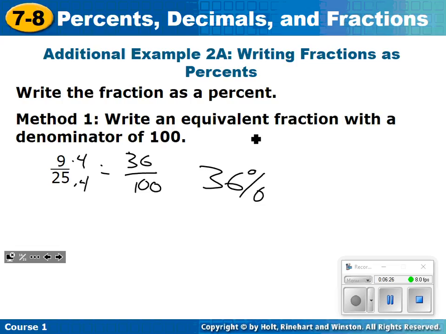It doesn't work when you have this. Why? 18 doesn't go into 100, does it? So we need another way. Any guesses on what the other way is? What's the other way?